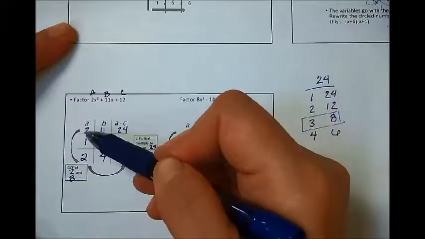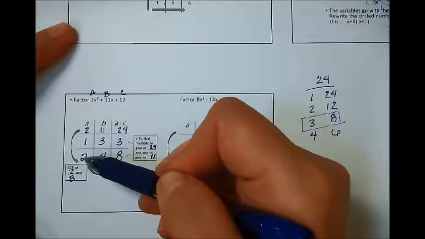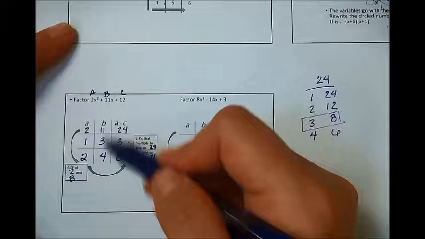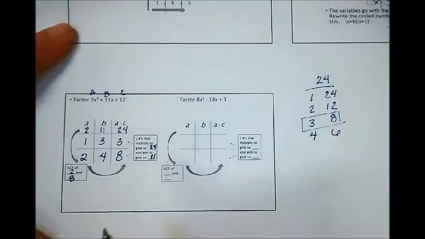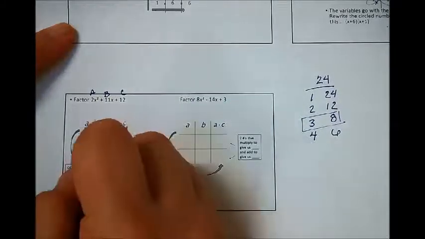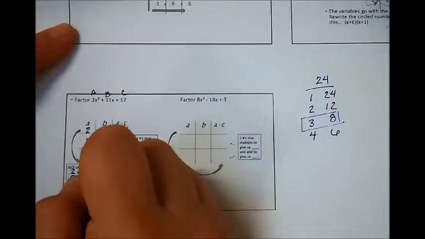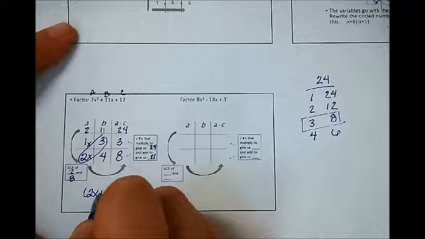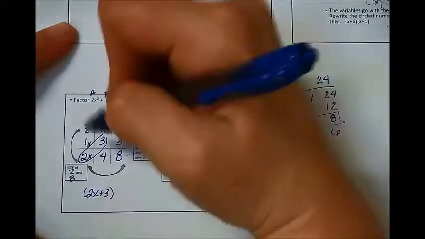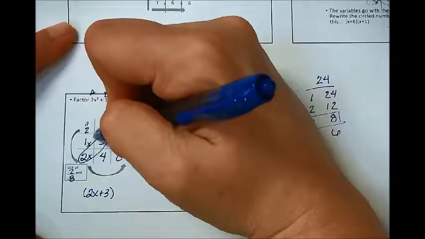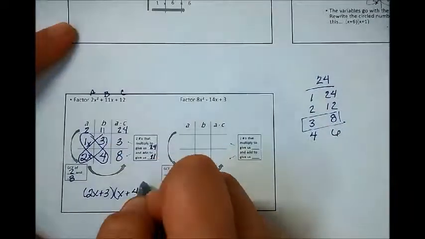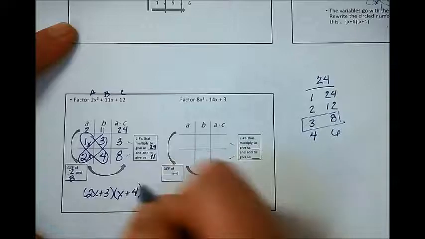This column, 2 times 1 has to equal 2. But this column, we don't care. Okay? Now, these are our x's. So we get 2x plus 3. And then catty corner again, 1x plus 4, which we don't need to write that that's 1x because we're big kids and we already know that.